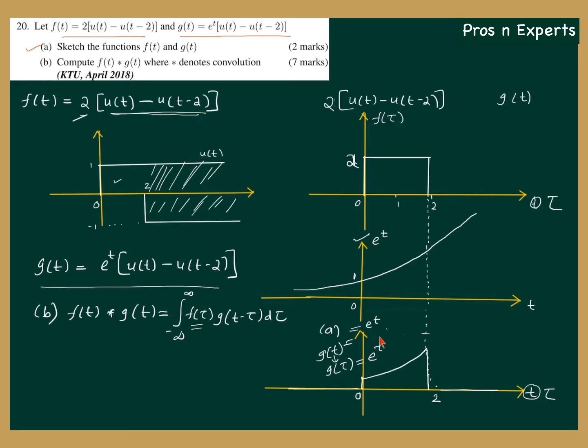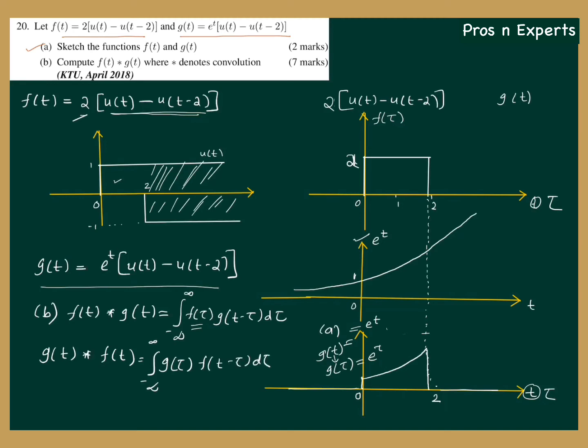But the signal is e raised to tau. It can be done, no problem, but a much simpler procedure is obtained when you interchange f of t and g of t. That is, if you calculate g of t convolution f of t instead of f of t convolution g of t, then the integral from minus infinity to infinity of g of tau into f of t minus tau d tau.